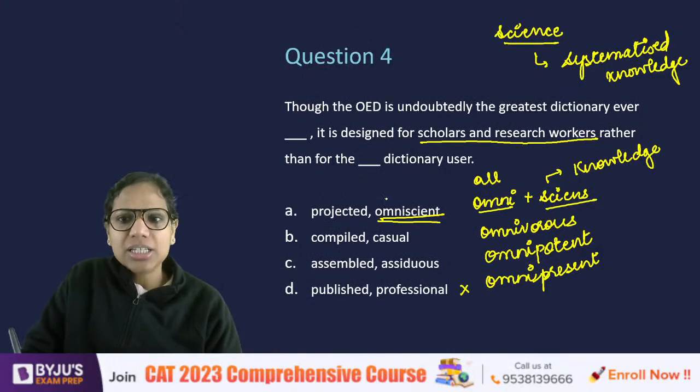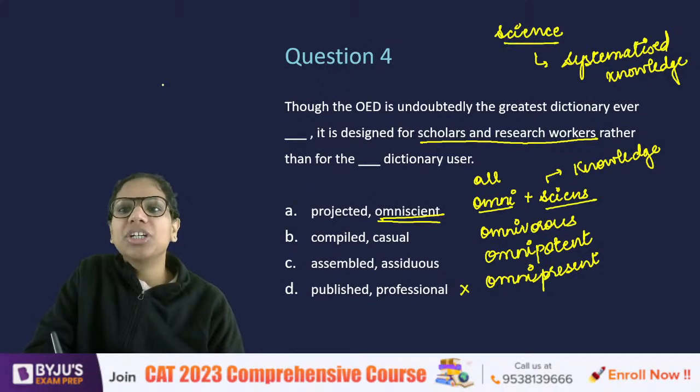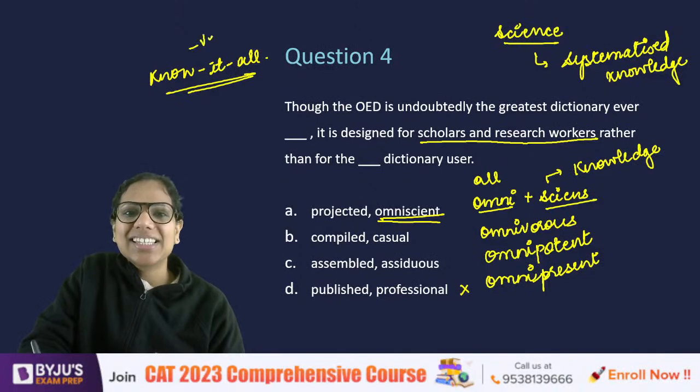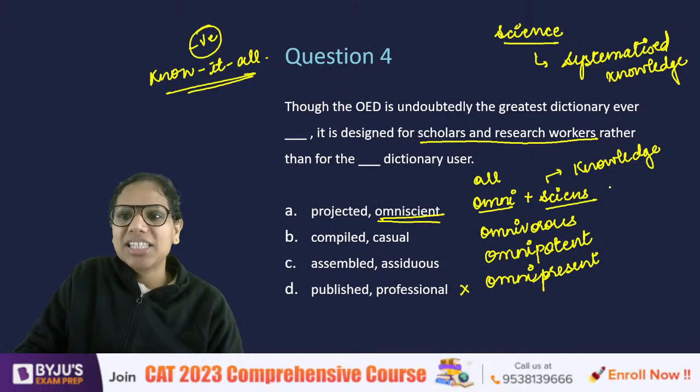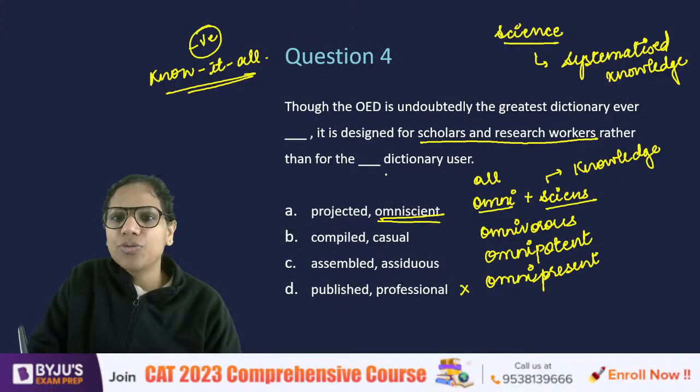So omniscient is a word that is positive in nature, right? It is basically not negative. Whereas when you want to disparage someone, when you want to insult someone because they pretend to know everything, you call them a know it all. Oh, he always pretends to be a know it all, right? That has a negative connotation, whereas this does not carry a negative connotation. So omniscient, no, it's not the all-knowing dictionary user for which it is not meant, right?